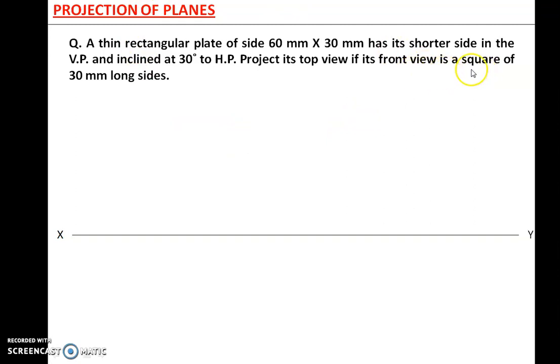So either the square or whatever is the thing given, it may be a rhombus. A rhombus is the plane given to you and its front view or top view is seen as a square. So like this, whenever such type of problems is there, whatever the shape given here is nothing but the reduced shape of this rectangular plate. Okay. So the square given here is nothing but the reduced shape of this rectangular plate.